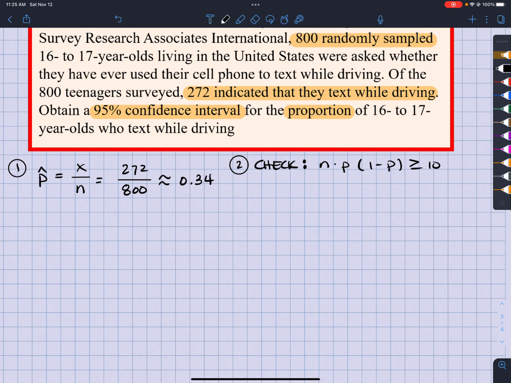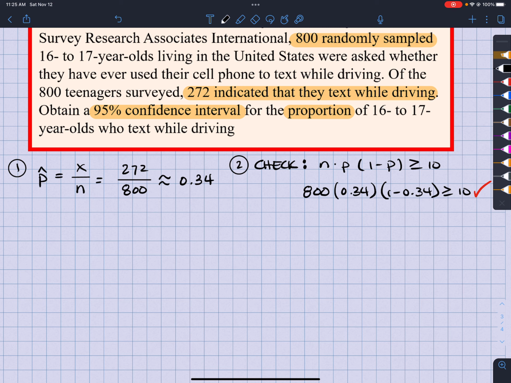The n was 800 times 0.34 times 1 minus 0.34, and see if that's greater than or equal to 10. And what you will find when you calculate everything here on the left-hand side is that, yes, it does check out. So it is normally distributed.